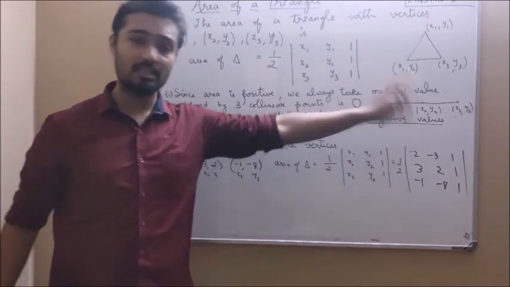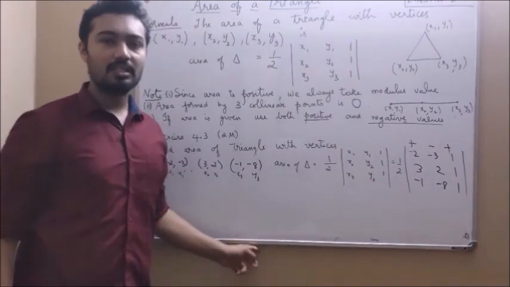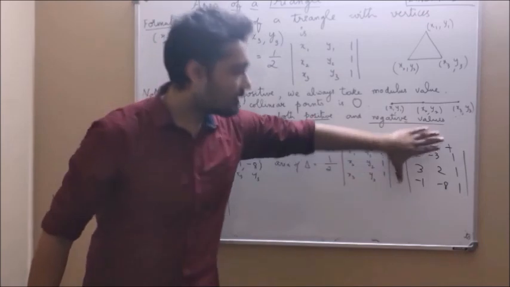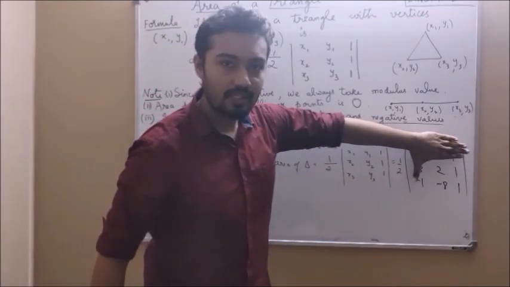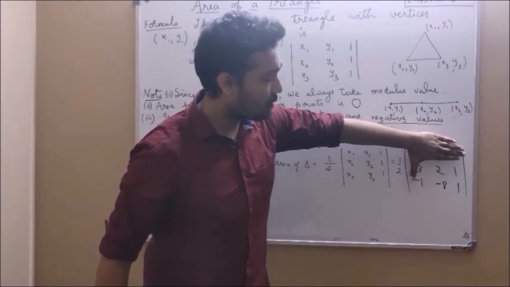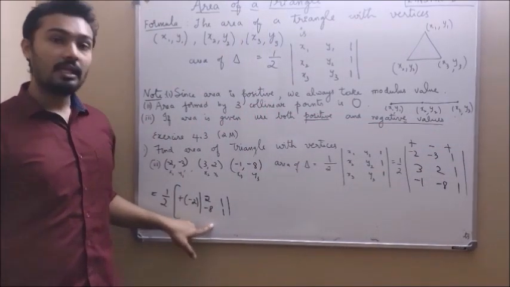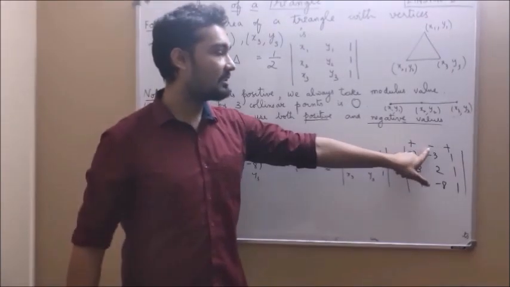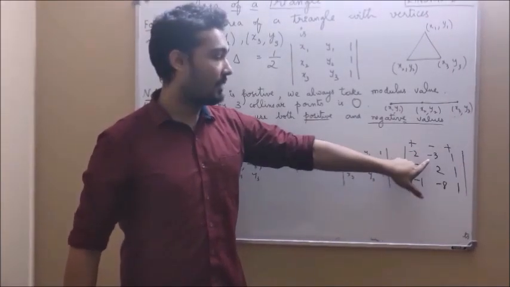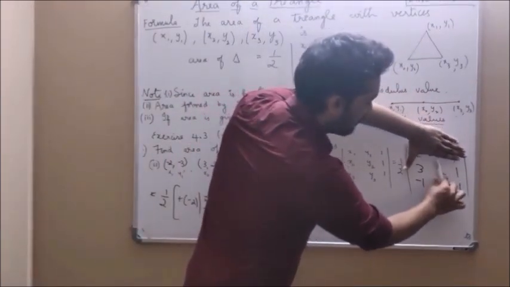You know, plus minus plus, plus minus plus. Take plus minus plus. So cover the row and column of minus 2. What remains? 2 1 minus 8 1. Write the determinant. Then next element, minus of minus 3. Cover the row and column of that.